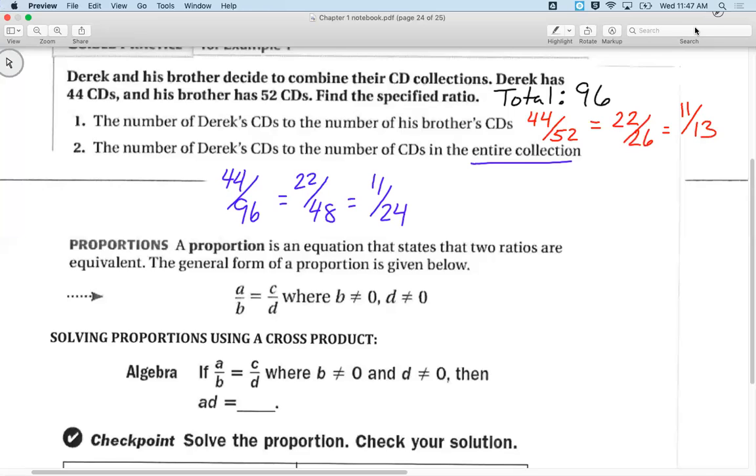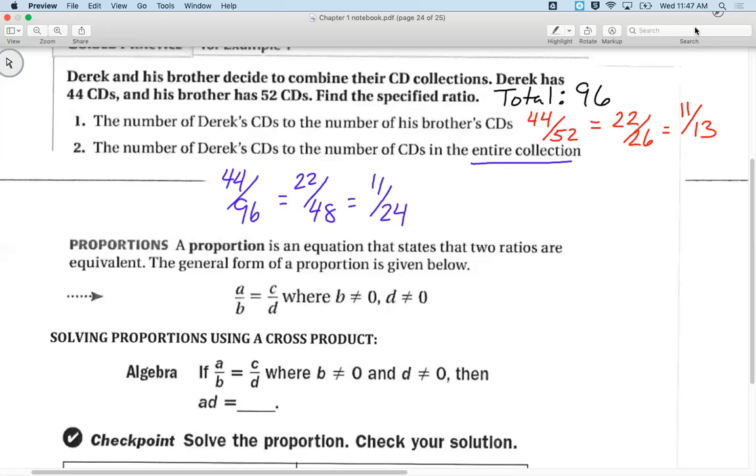Now proportion, we'll set two ratios or rates equal to each other, okay? Kind of think of the percent problems we were doing yesterday, right? Is over of equals percent over 100. You set the two things equal to each other.